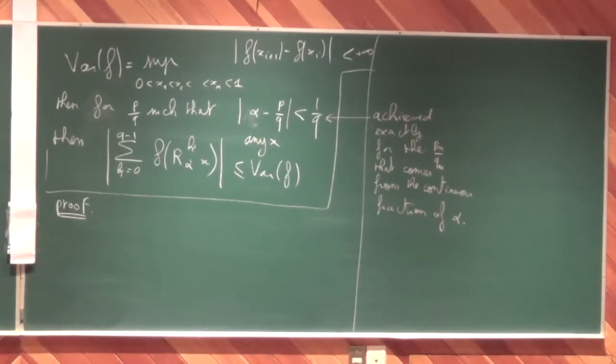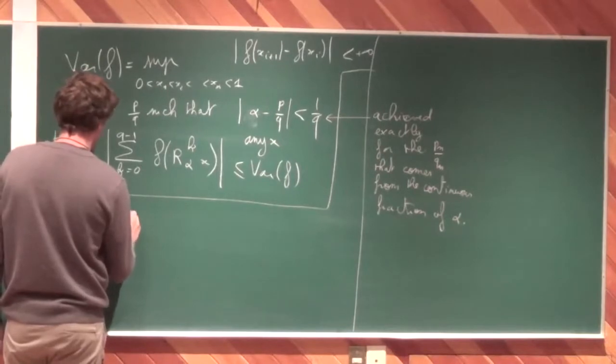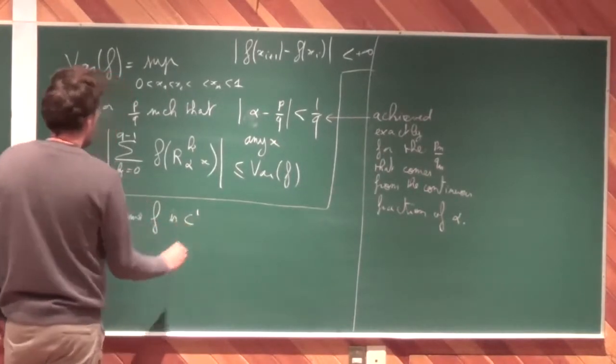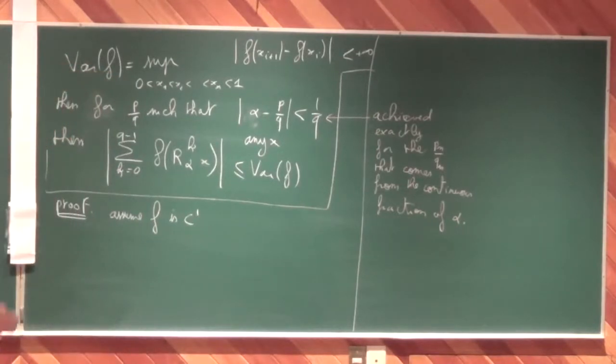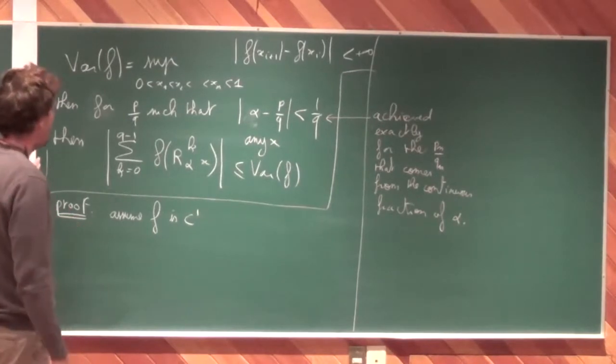I will do only the proof when f is C1. If it is not C1, you have to make it work by considering some Stieltjes integral with respect to f. And so how does it work?